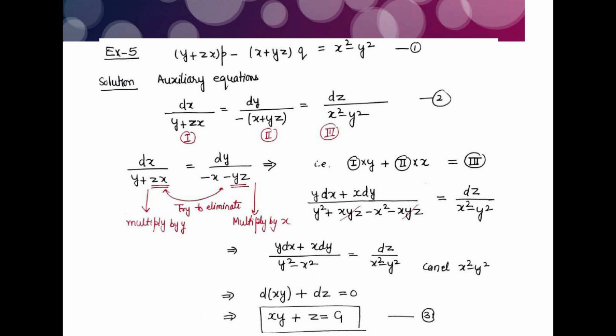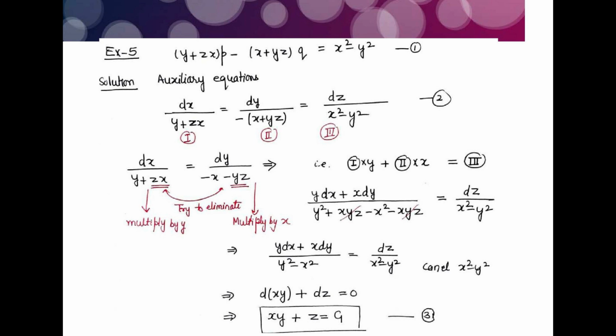So what I am doing, multiply the dx ratio with y, and with dy I multiply by x, so that we have xyz in dx term, and in dy ratio we have again xyz but with negative sign, and finally we can eliminate z. So what is the first combination here?